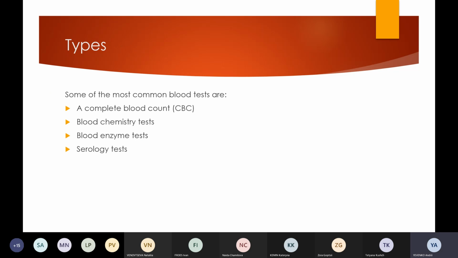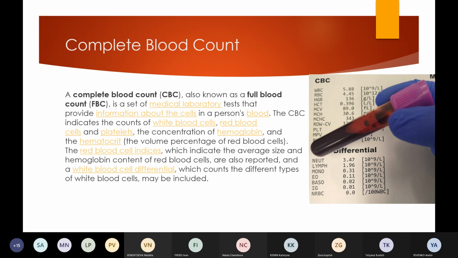So the most common blood test types are complete blood count, blood chemistry tests, blood enzyme tests, and serology tests. Complete blood count is a test that determines the composition of your blood in cells.